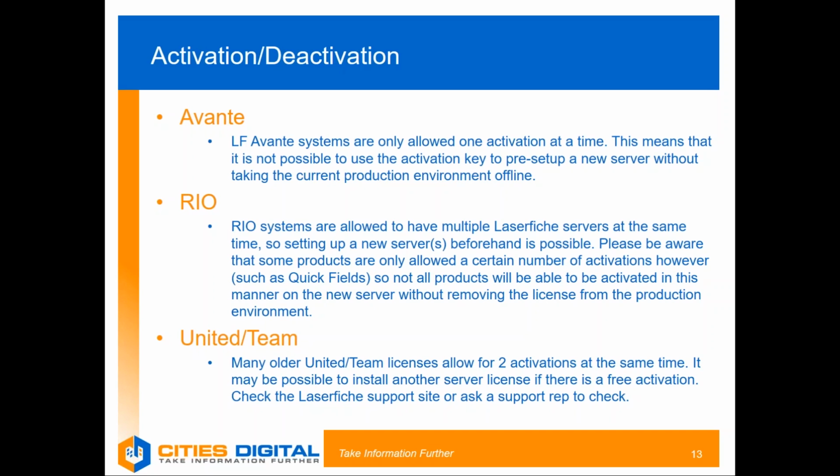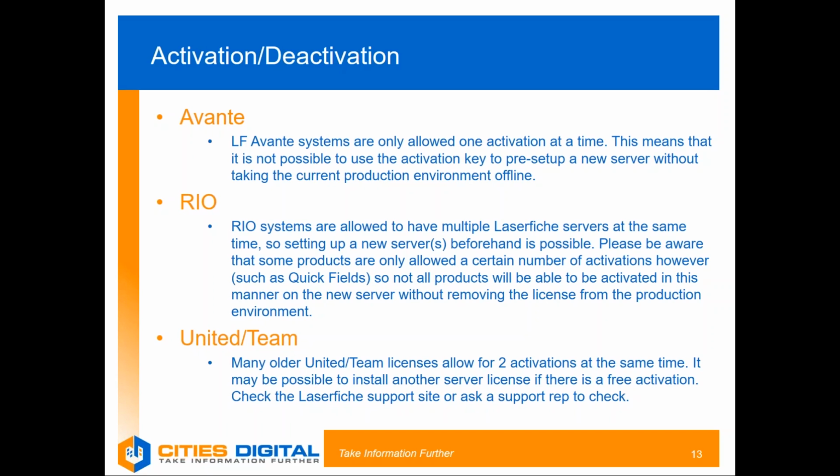For instance, Laserfiche Avante systems are allowed only one activation at a time. This means that it's not possible to use the activation key to pre-set up a new server without taking the current production environment offline. I get that question quite frequently. We want to get Laserfiche installed and pre-ready for a cutover.